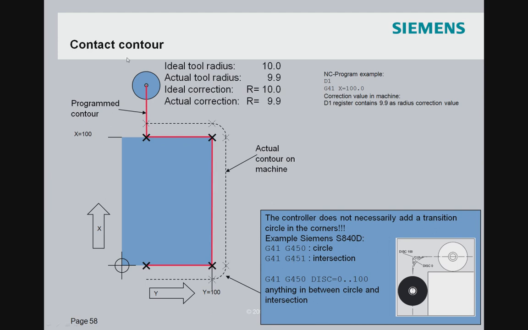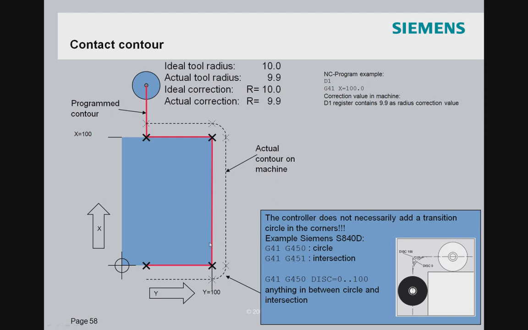Contact contour is the mechanism that you will primarily find in Europe. The methodology is that the toolpath or the coordinates that you find in the ANSI program actually represent the contour that you want to have. So in the ANSI program you can see the dimensions of the workpiece that you're going to machine.